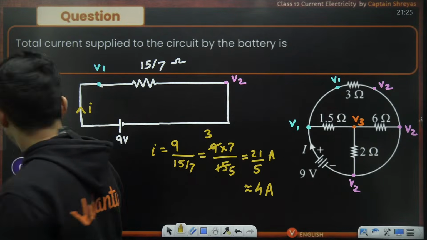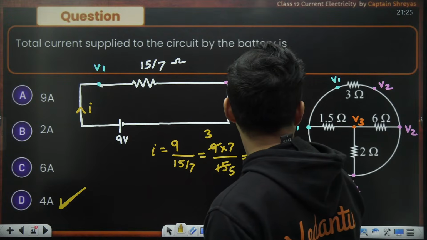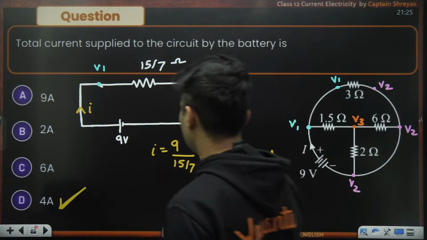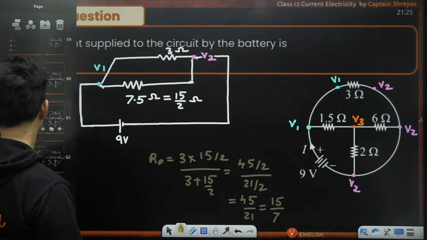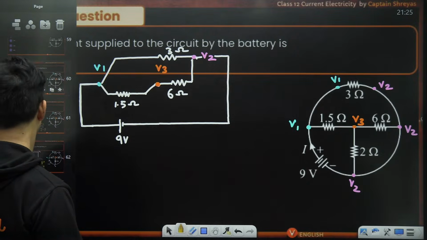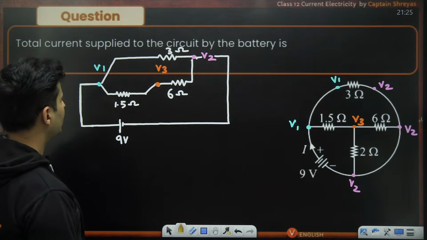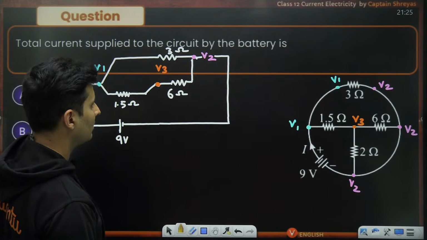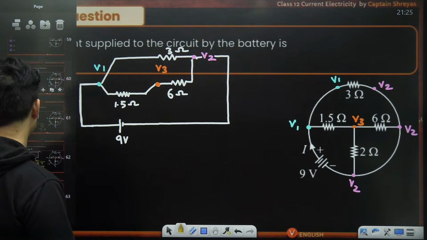Where is 2 ohms? Did I miss something? V3 and V2, did we miss something? Oh, sorry guys, I'm so sorry.